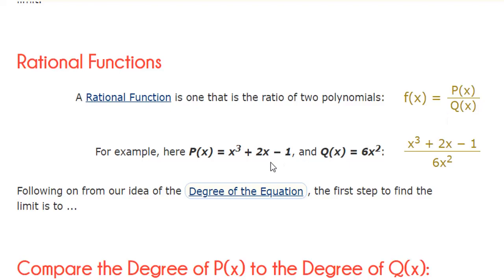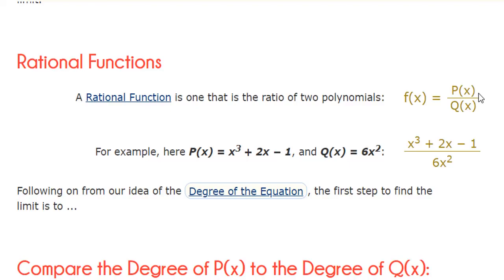So if you are to find the limit as x approaches infinity, we have three different scenarios. One is if the degree of our numerator is greater than the degree of the denominator, and the other is if both their degrees are the same, and lastly, if the numerator's degree is less than the denominator's.